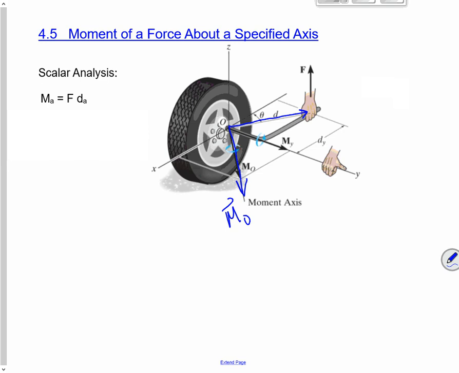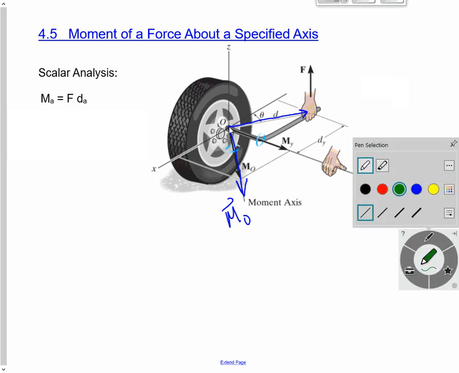However, it can't rotate around that axis, right? The lug nut is threaded along this shaft, and the shaft points this direction. And so it has to rotate around that axis. There's no other way it can rotate. So as a consequence, I have to calculate the moment about that axis.